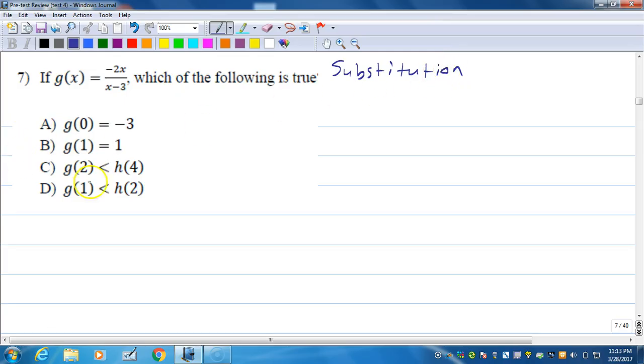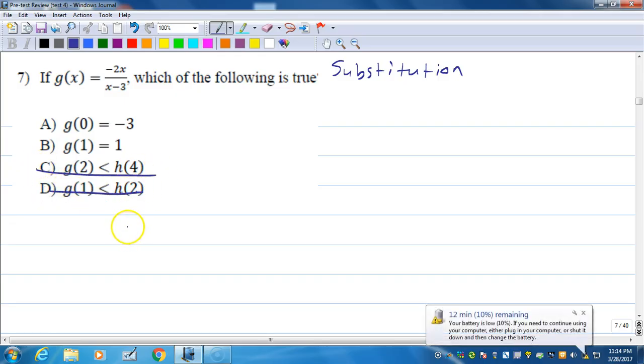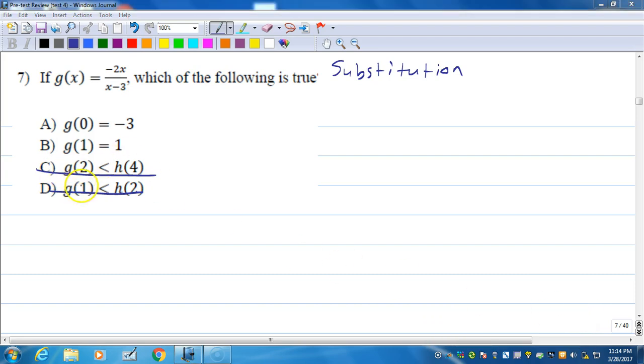You're going to use your answer choices to plug them in here and see what is true. It's not C and D. They're just wrong. It's either A or B. So I'm going to do A right here, and I'm going to do B over here. That way you can see one wrong answer and one right answer.